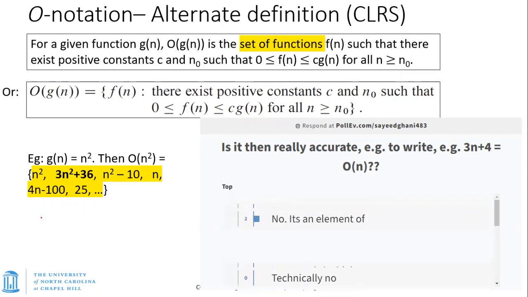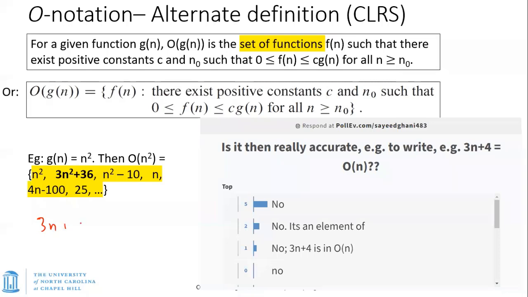So the right way to say it would be 3n plus 4 is actually an element of big O of n, right? Why? Because big O of n is actually a whole set of functions, right? And it would be incorrect to equate those two. But we've been using it all the time, right? So why is that? Well, it's a convenience.